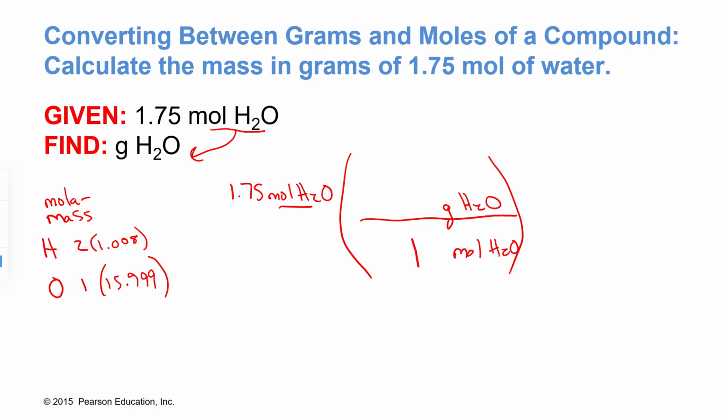And when we do this in our calculator, we get 18.015 grams. So what this means is that there's 18.015 grams in 1 mole.